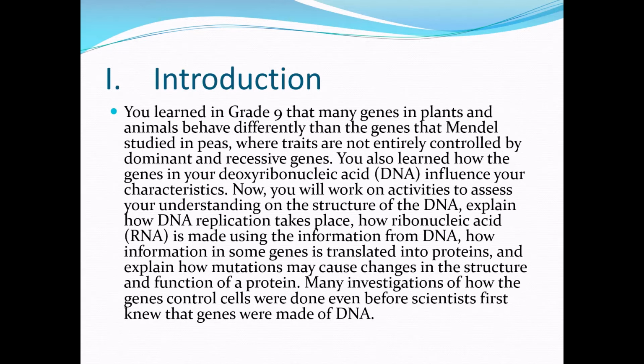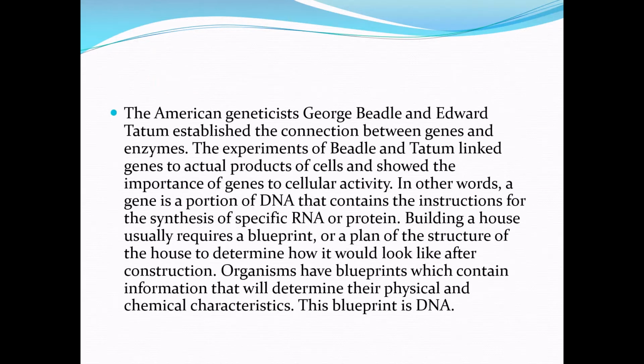Explain how DNA replication takes place, how ribonucleic acid or RNA is made using the information from DNA, how information in some genes is translated into protein, and explain how mutation may cause changes in the function of a protein. These investigations on how the genes control cells were done even before scientists first knew that genes were made of DNA.